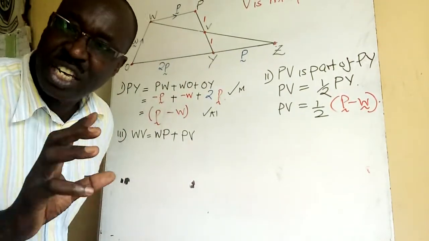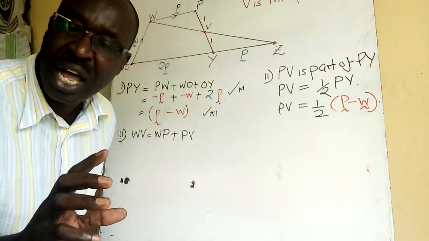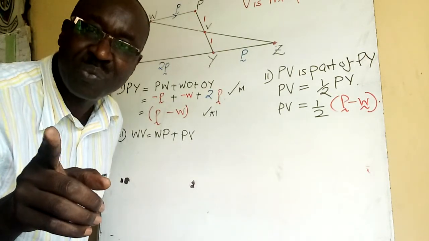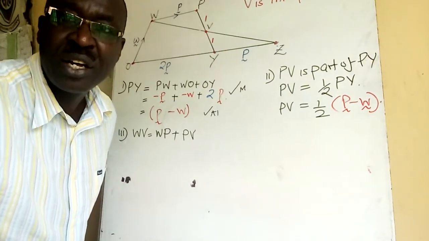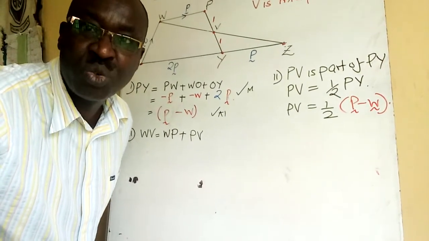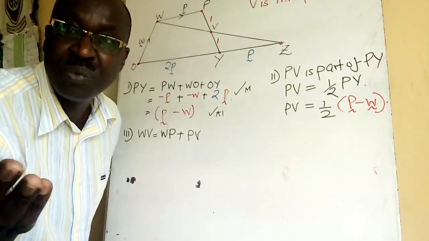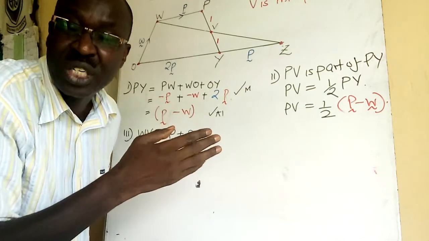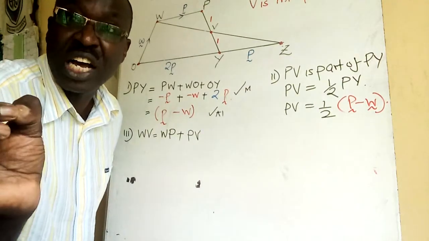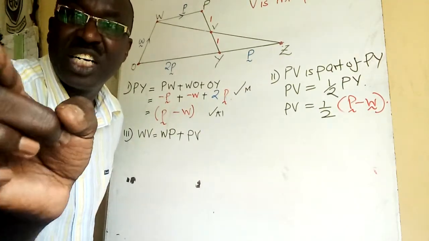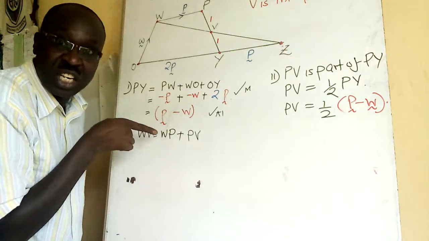Even that will give you the correct answer. But you know you are in exam. You cannot afford to waste time on a longer route, yet a shorter route gives you the same result. So this is the shorter route.